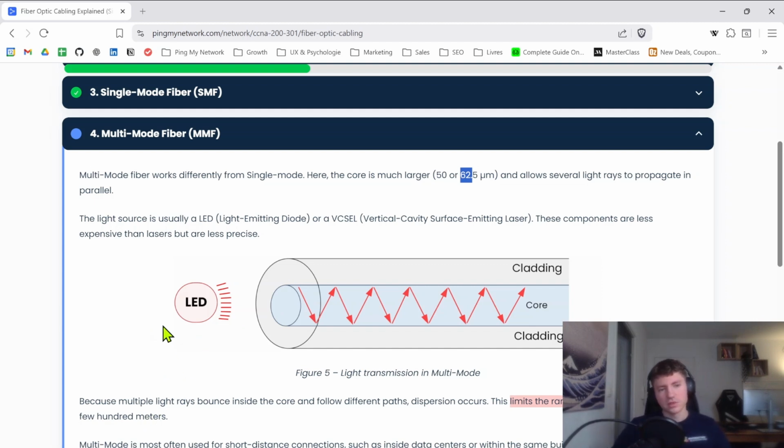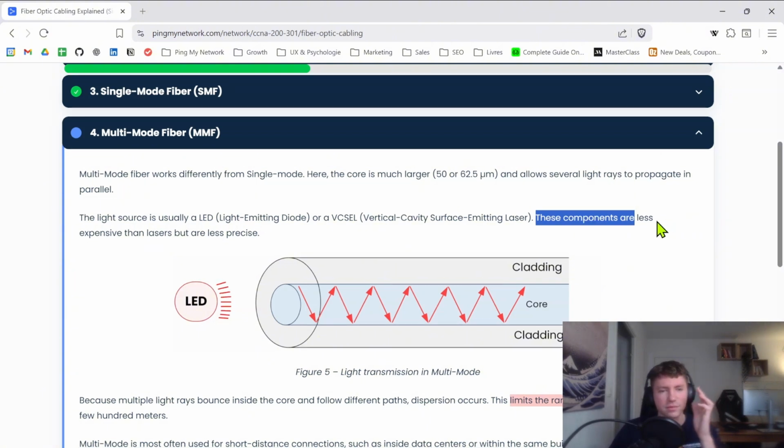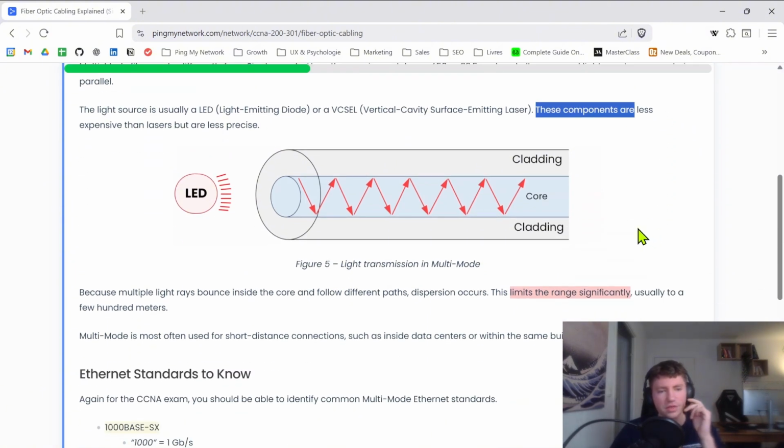The light source is usually an LED, light emitting diode, or a VCSEL, vertical cavity surface emitting laser. These components are less expensive than lasers but are less precise. Because multiple light rays bounce inside the core and follow different paths, dispersion occurs.